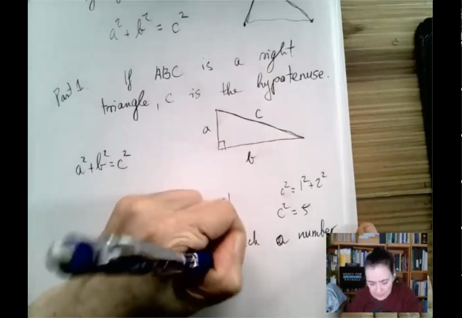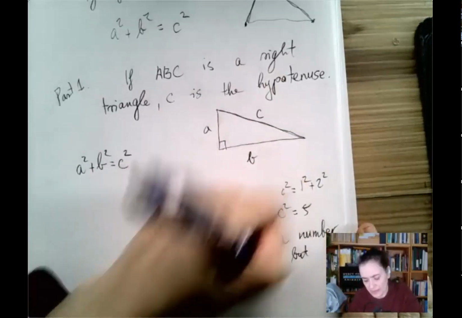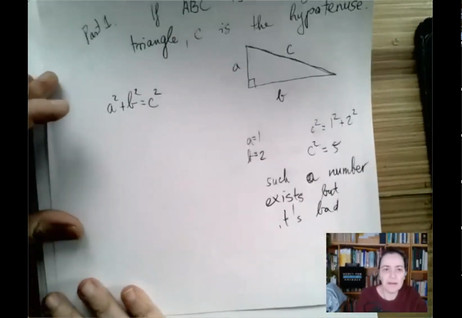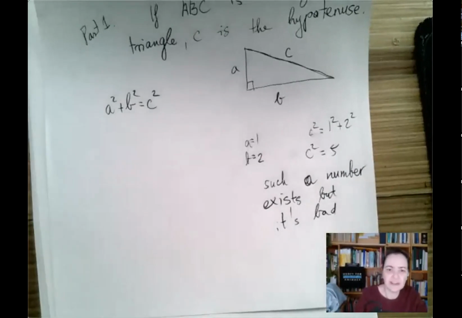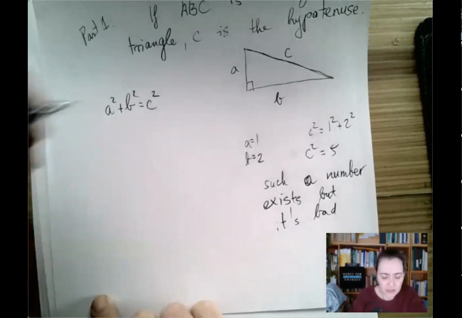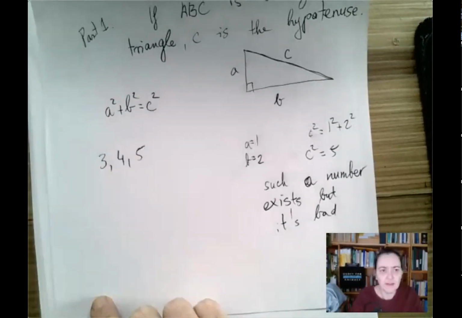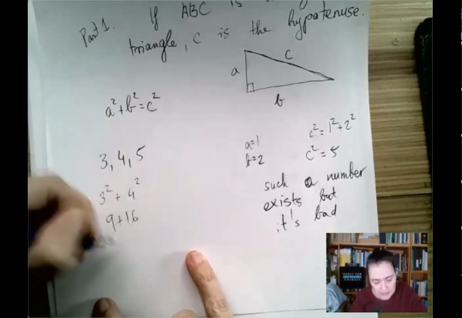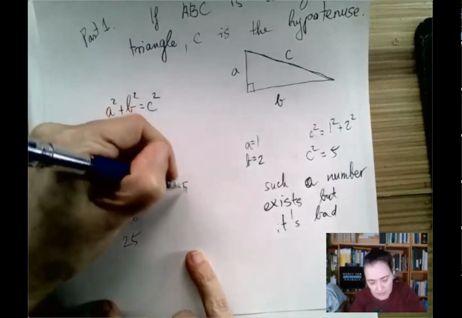So there are these famous number triples, and there are infinitely many, but it feels like there are finitely many because we want to keep the numbers smallish. There are just a few of them, like 3, 4, 5. 3 squared plus 4 squared is 9 plus 16 is 25, which is also 5 squared.